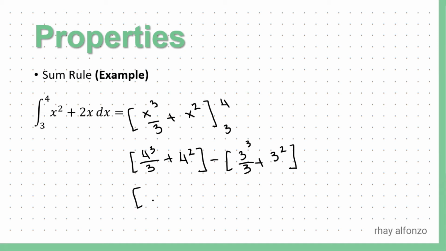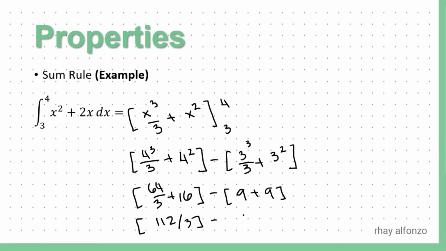So this gives us 64 divided by 3 plus 16 minus 27 over 3, which is 9, plus 9. So we have 112 divided by 3 minus 18.